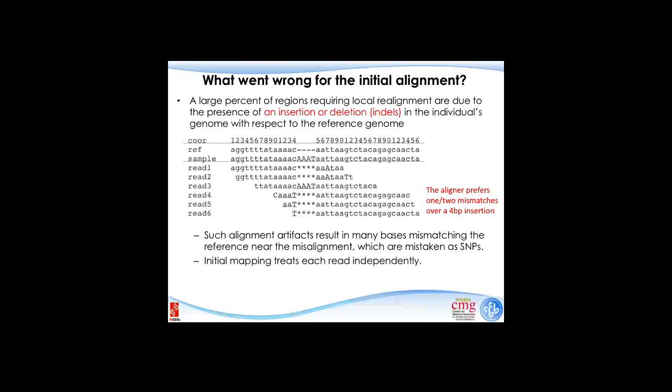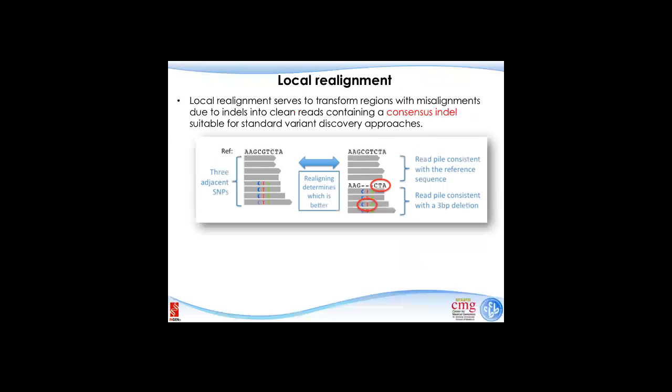Indel mapping treats each read independently, so they are not really looking at the whole picture together. So even when some of the reads are correctly mapped with indels, reads covering the indel near just the start and end are often misaligned. So you can see that.